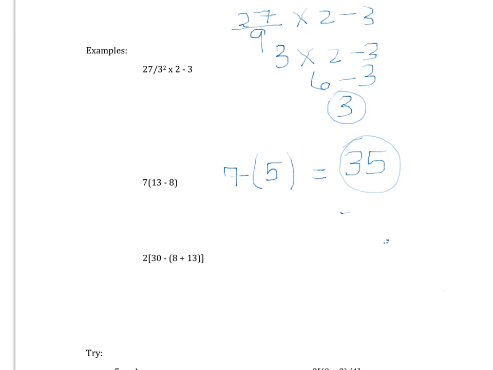So I'll have 2 times bracket 30 minus, now what's 8 plus 13? That's 21. Close bracket. Now what I want to do is do what's in the brackets. So I have 2 times 30 minus 21, or 9. So I have 2 times 9, which is 18.